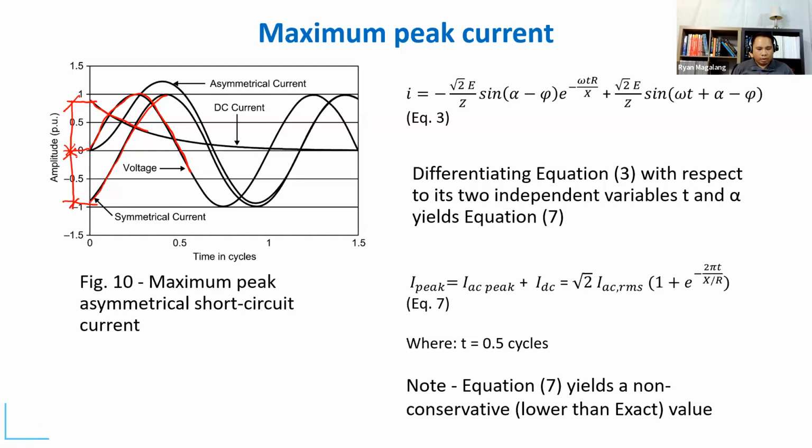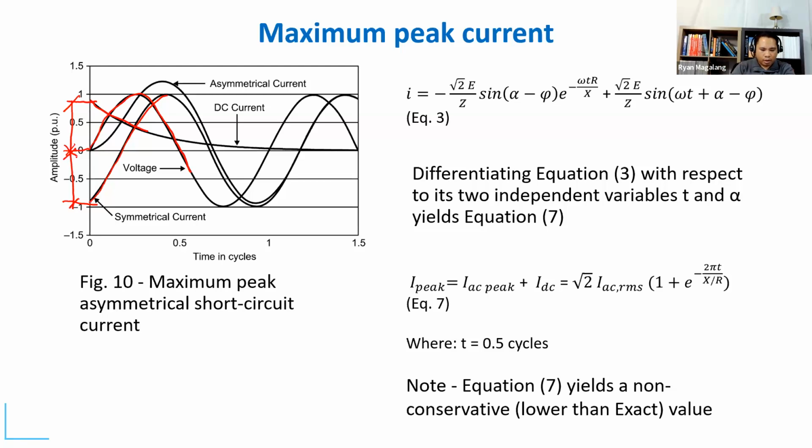Because like I said again, in an inductive circuit, current cannot change in zero time. It would take an infinite voltage, which is not physically possible, in order to achieve that.